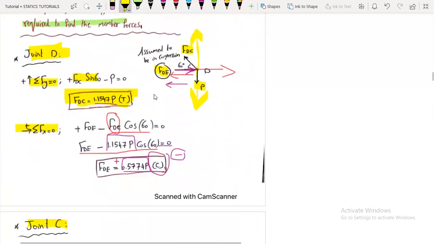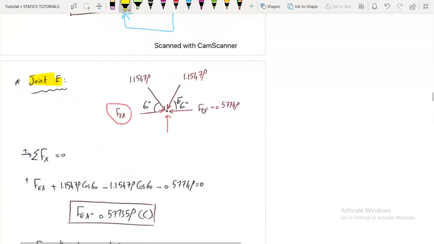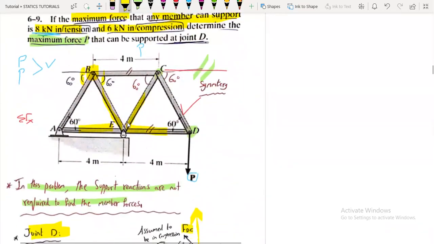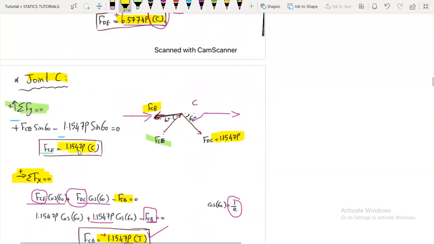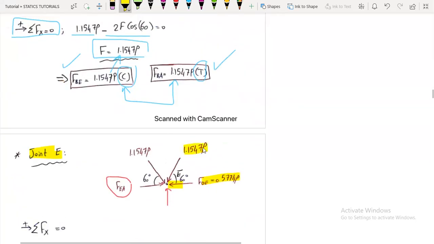FED we have found already to be 0.5774P in compression. What about FEC? FEC is 1.1547P in compression, so it's a compression force.